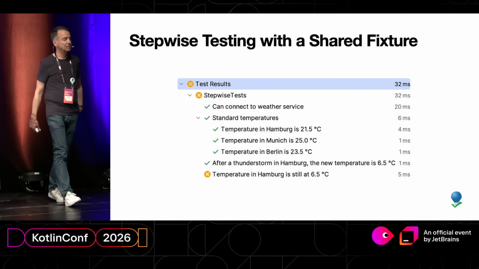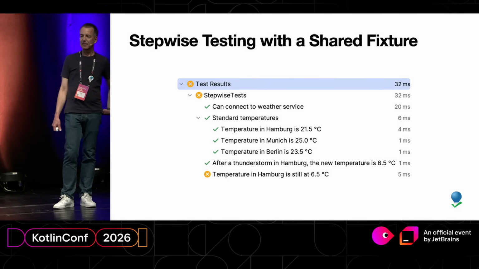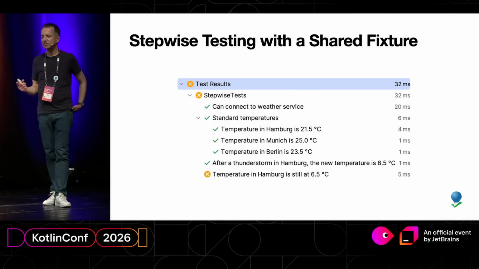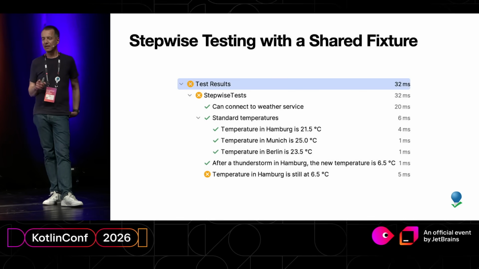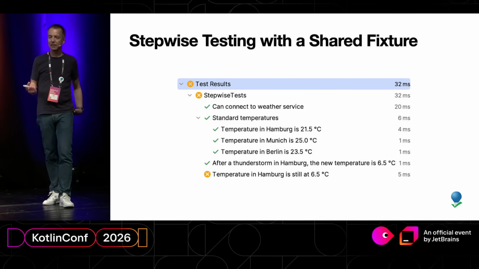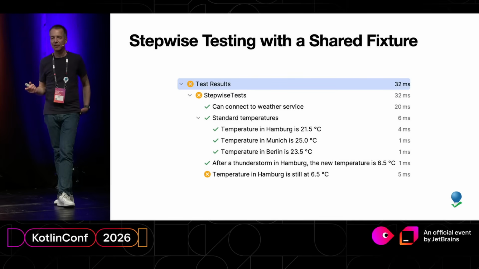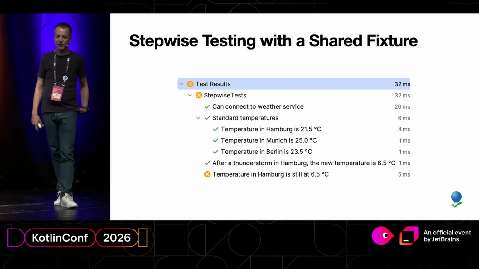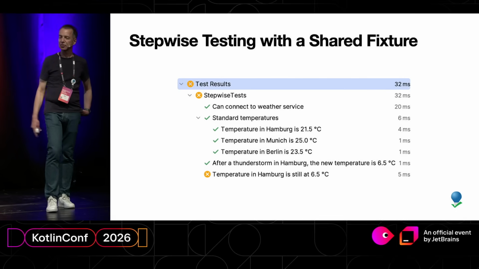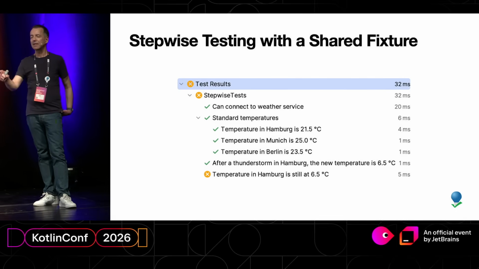Next case, we could do stepwise testing. Our server needs us to connect to it. Let's connect to it in the first test, and then test 3 temperatures, relying on the service being connected. And then we can even simulate, for example, an event that changes the test data. In this case, it's a thunderstorm, where we would expect the temperature to drop to some level and then remain at that level.